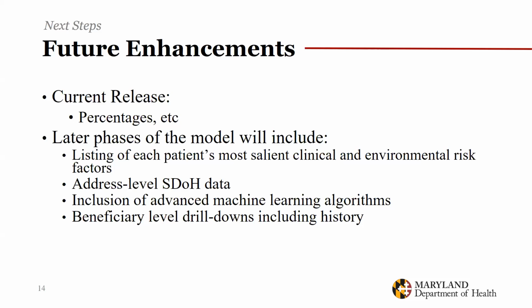We're also working on including more advanced machine learning algorithms. I'll leave that to the Hilltop team to give you more detail, but we are working on iterations of the product. And then finally, we're also working on drill down so that you could actually click into the beneficiary like you can in other parts of the report and get history on their avoidable hospital score and how that's changed over time.